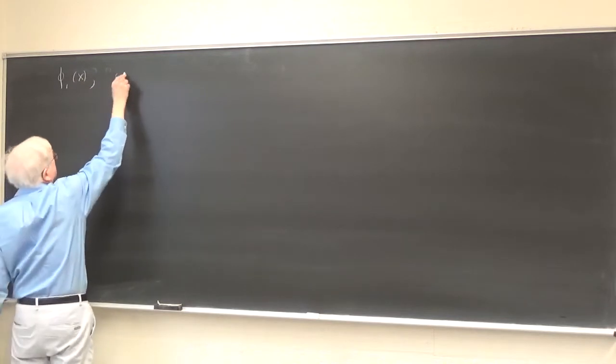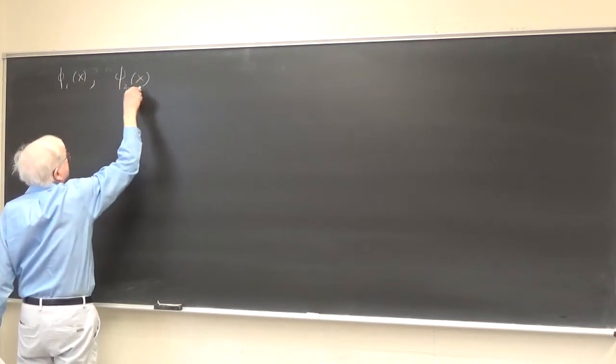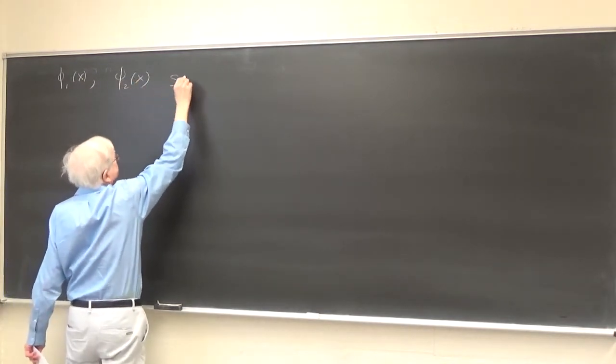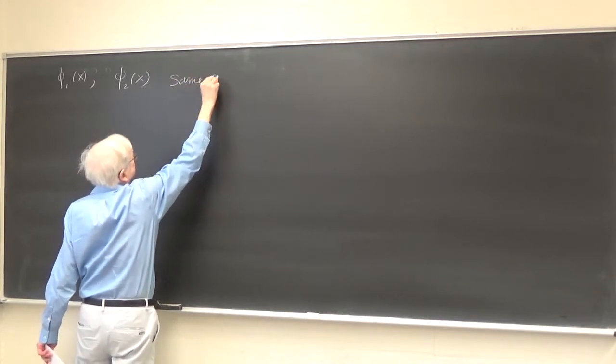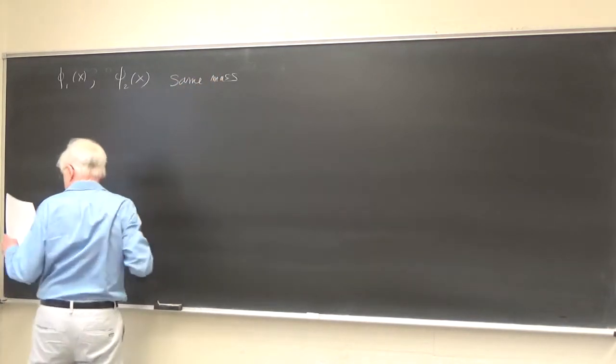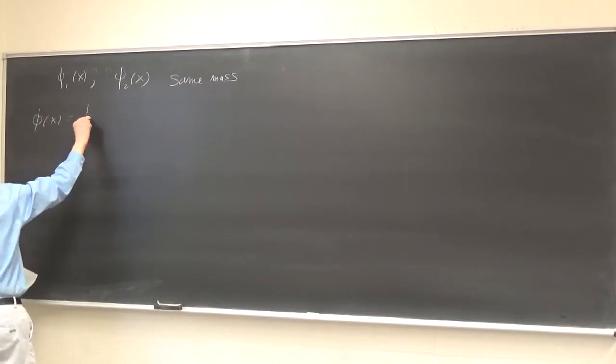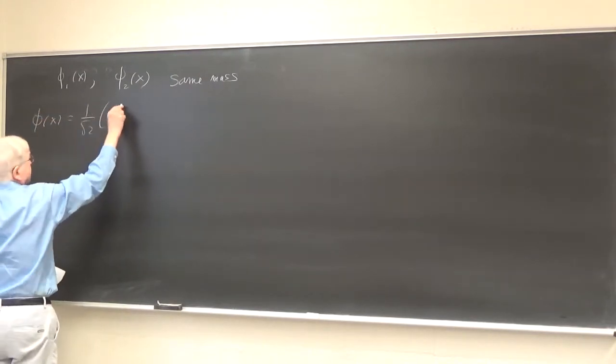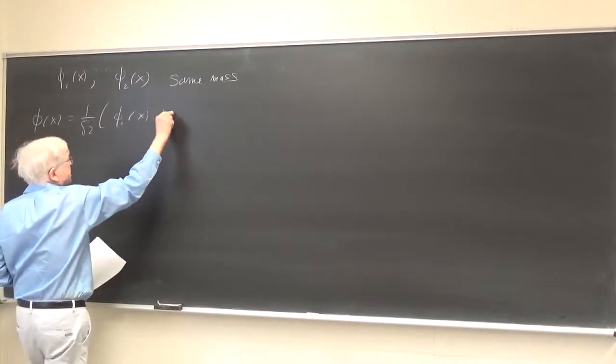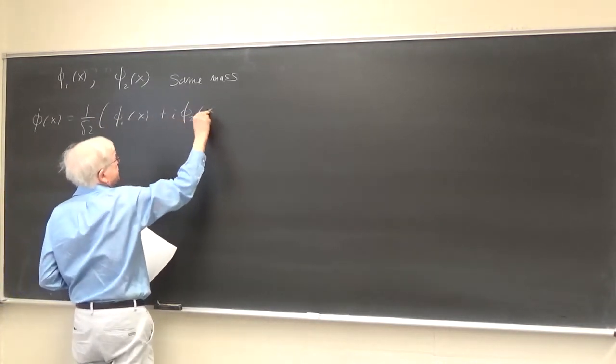The way, as you know, the way I think of it is we actually have, in the simplest case of spin 0, two fields of the same mass. And we make a new field like this, phi 1 of x plus i phi 2 of x.